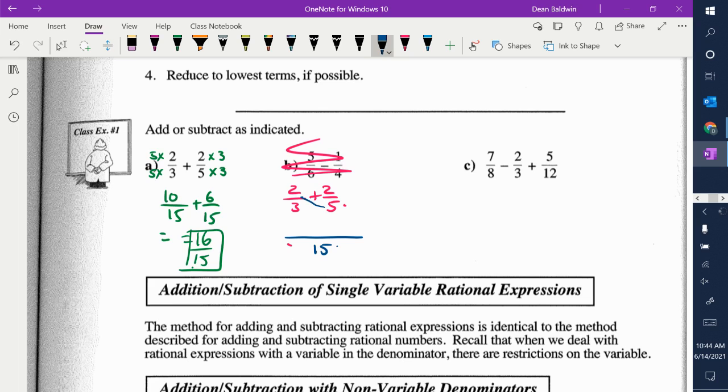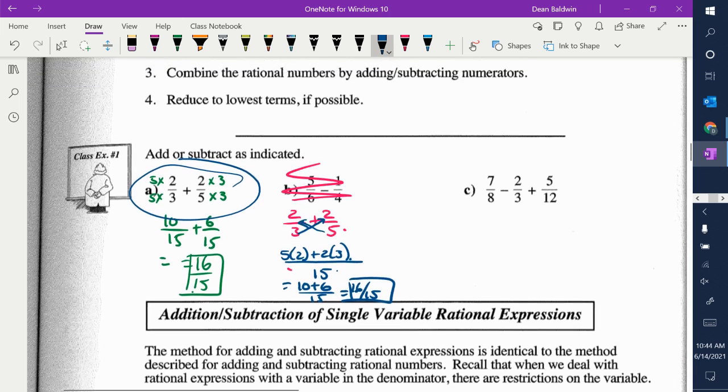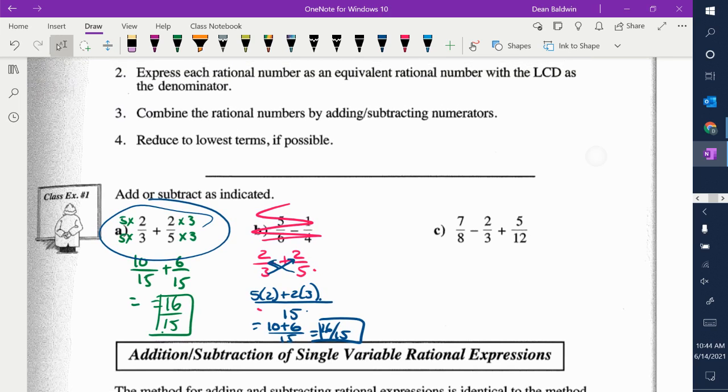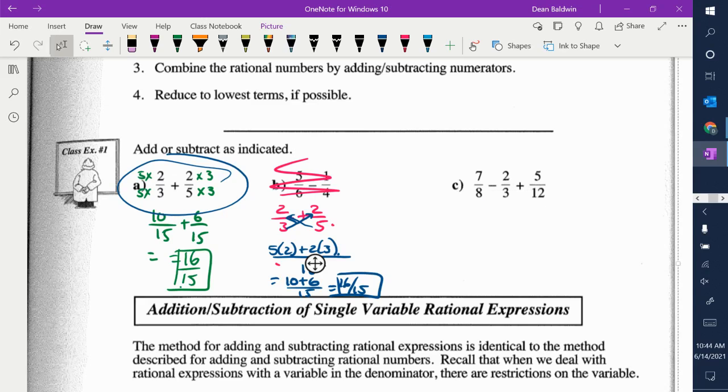And then multiply that 5 times the 2, and this 3 times the 2. That's what we did over here. This is just a quicker way to do it, especially when we're going to deal with rational expressions in a sec. So you get 10 plus 6 over 15, 16 over 15. You get the exact same answer. Okay? But the key is you need a common denominator when you're adding or subtracting fractions.